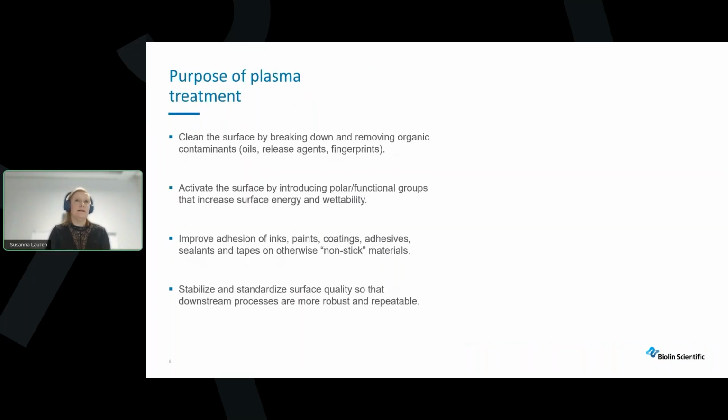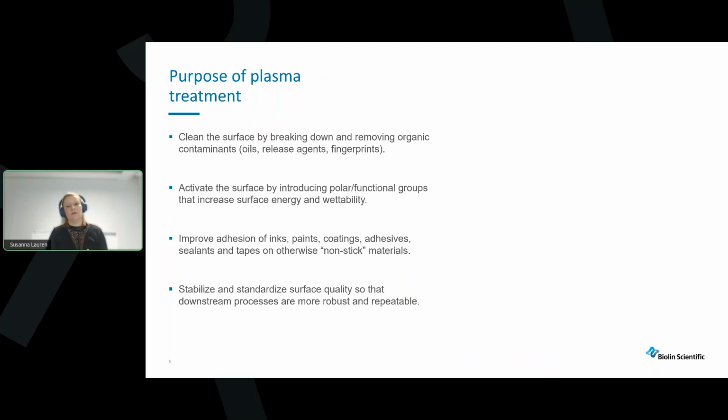There are a few different reasons why people are typically interested in using plasma treatment. One of them could be just to clean the surface by breaking down and removing the organic contaminants, which could be different types of oils or some other substances that are on the surface because of the processes done beforehand.